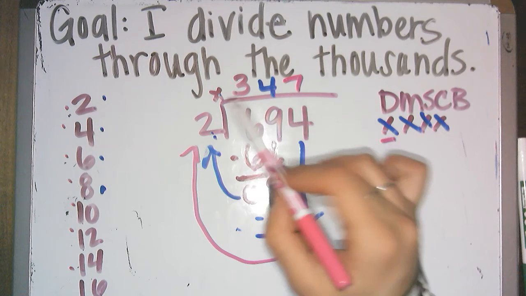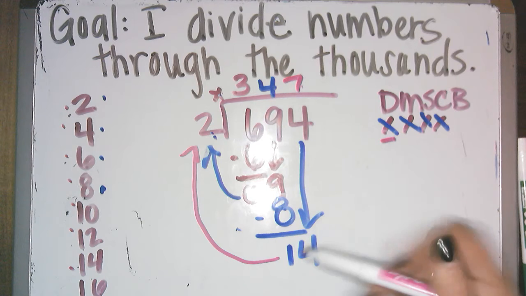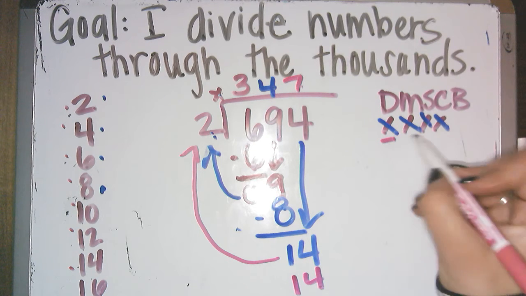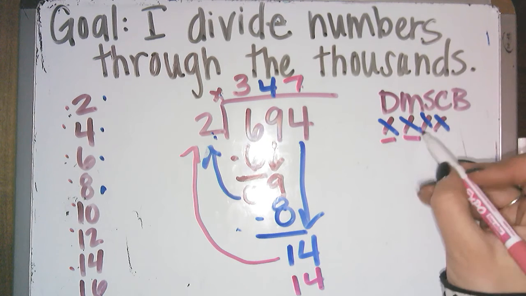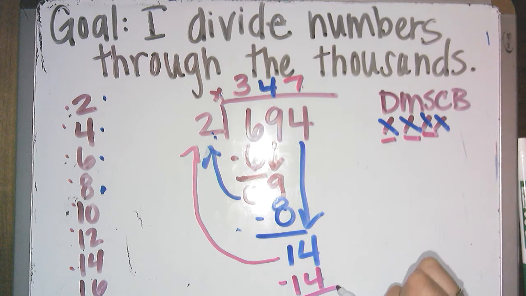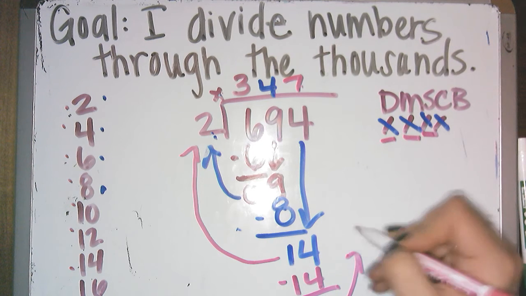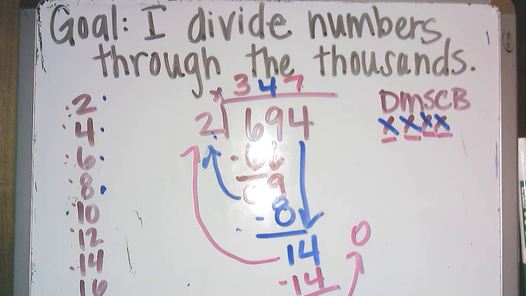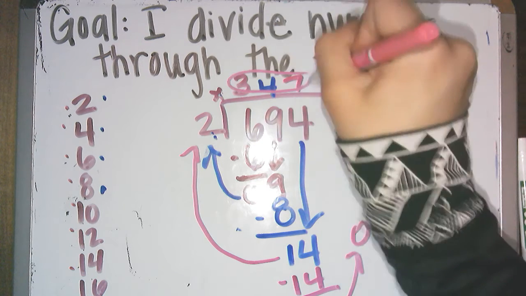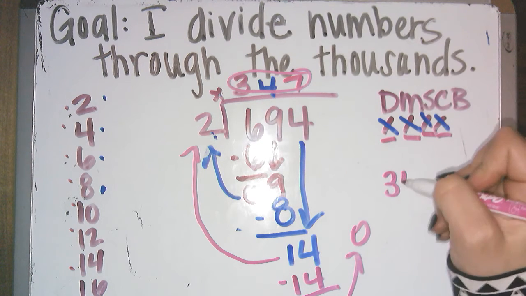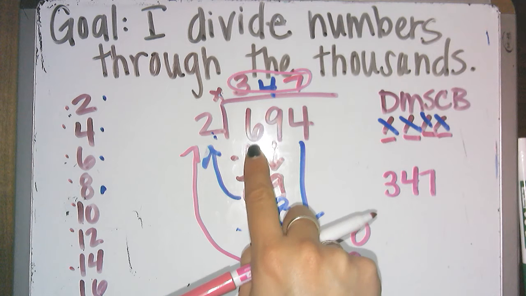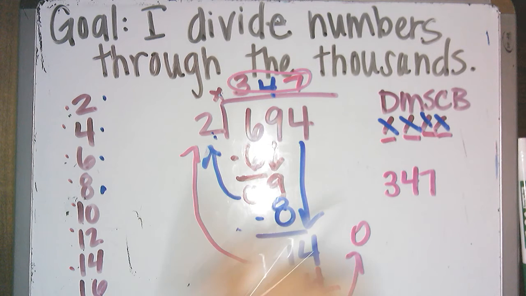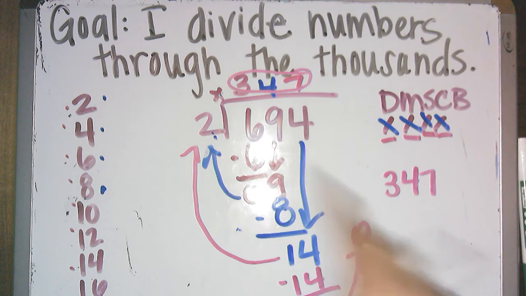Now I need to multiply. 7 times 2 is 14. Subtract. 14 minus 14, that's a big old 0. Check. Is 0 less than 2? Sure is. Bring down. Nothing left to bring down. Circle your answer. You are done. 347. So 694 divided by 2 is 347.